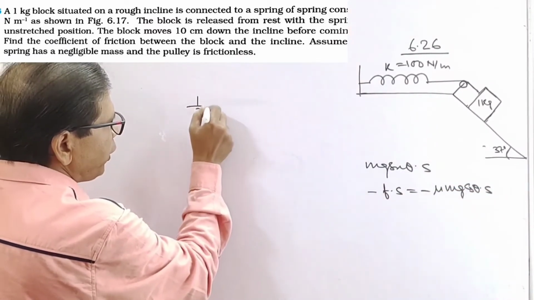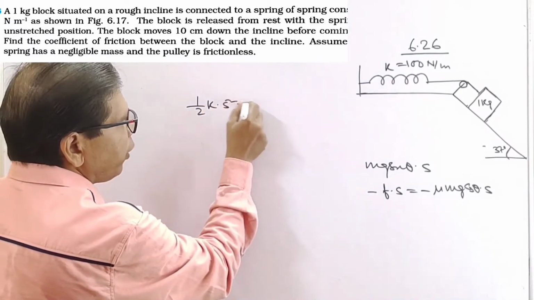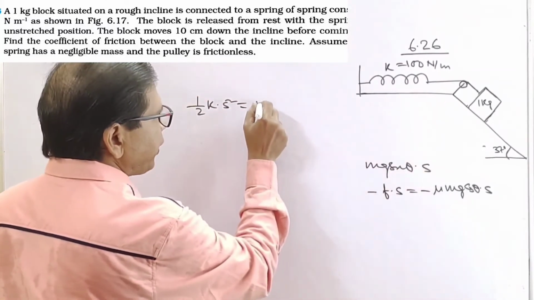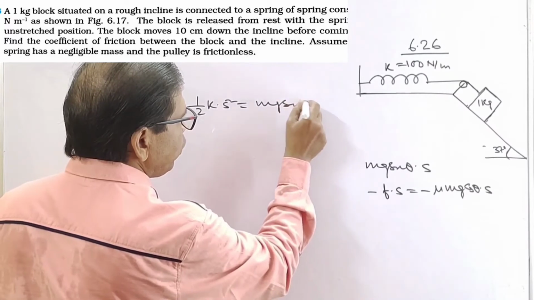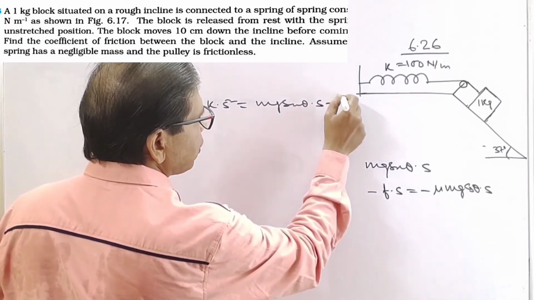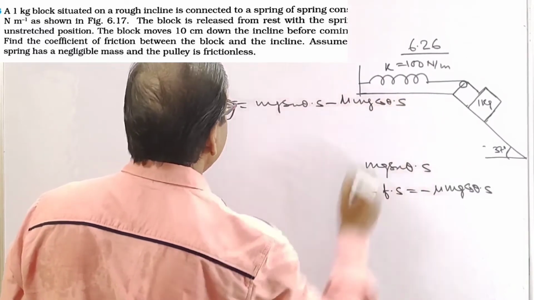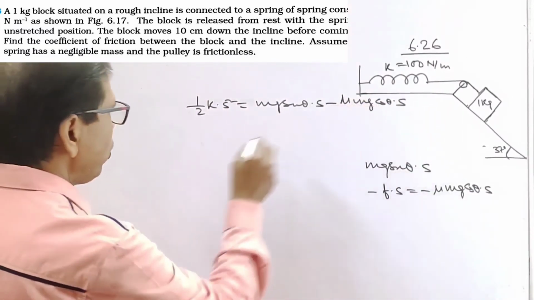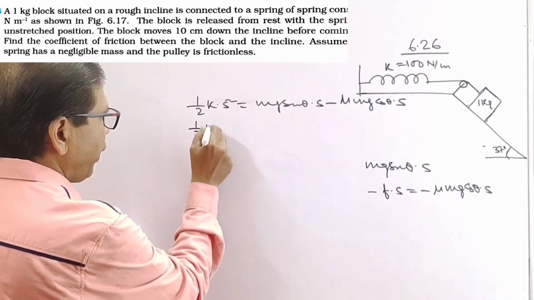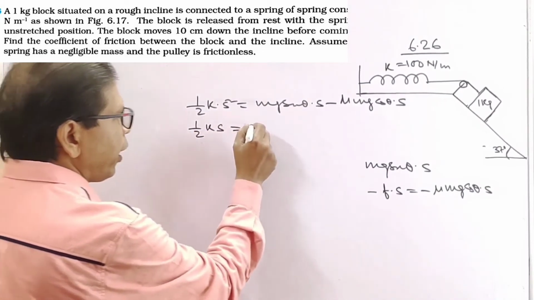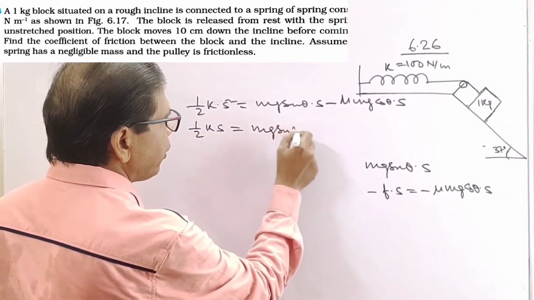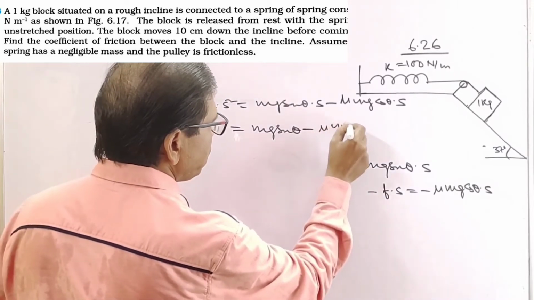So energy stored in the spring, half k s squared, is mg sin theta into s minus mu mg cos theta into s. So one s is cancelled out. So look at this, half k s equals mg sin theta minus mu mg cos theta.